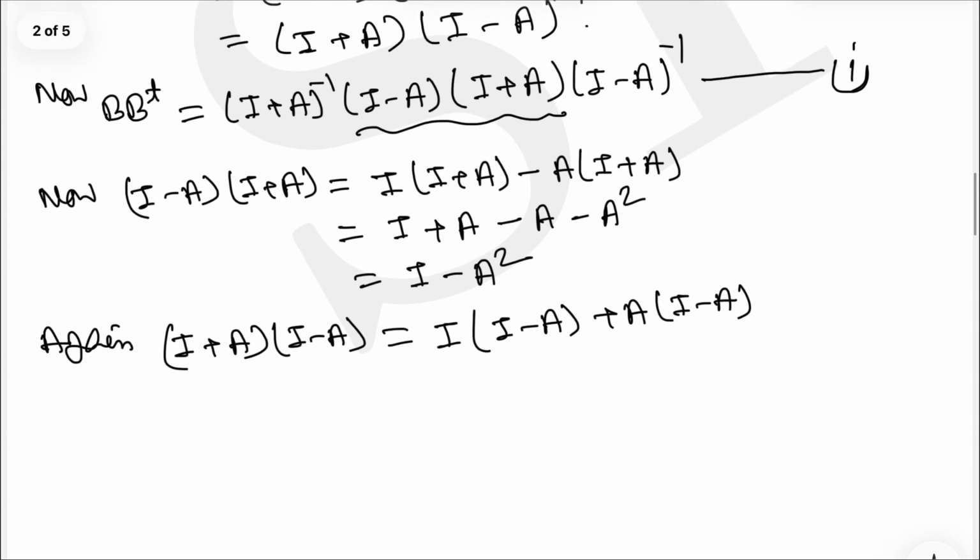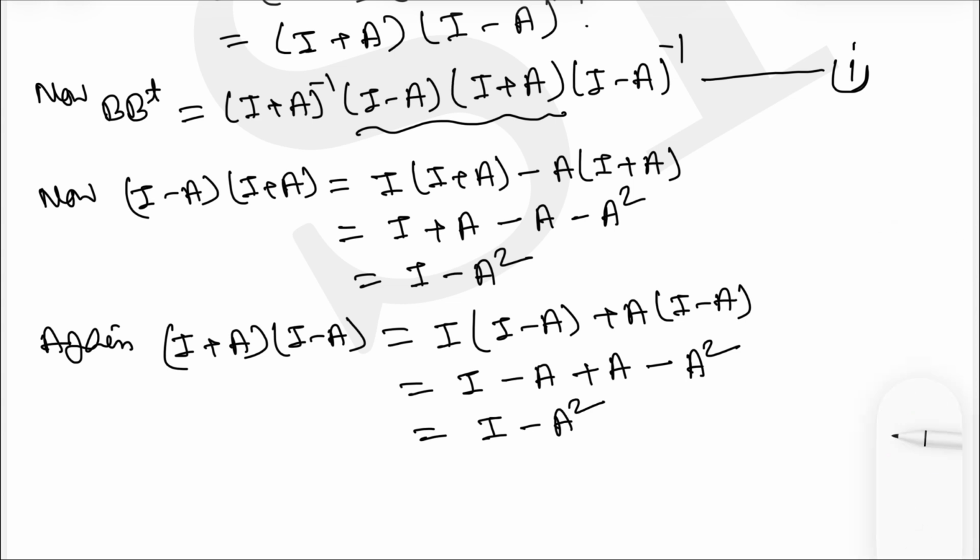So this is equal to I into I means I, and I into minus A, that means minus A, plus A into I is A, and plus A into minus A means minus A square. Again minus A plus A cancel, so this is also I minus A square.